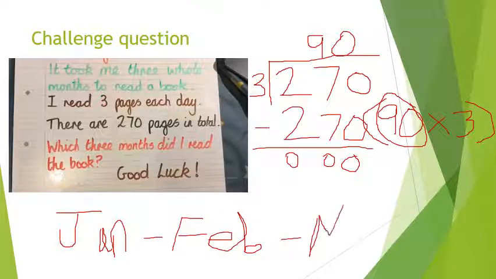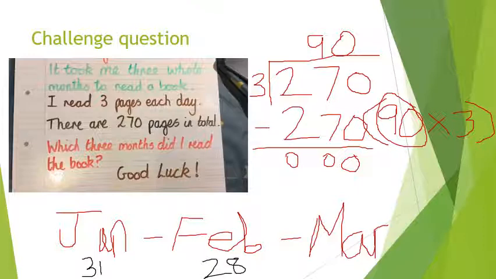And if we have a look at the days in each of those months, in January we have got 31, in February we've got 28, and then in March we have got 31. And if you add all those together, it comes up with the answer of 90.